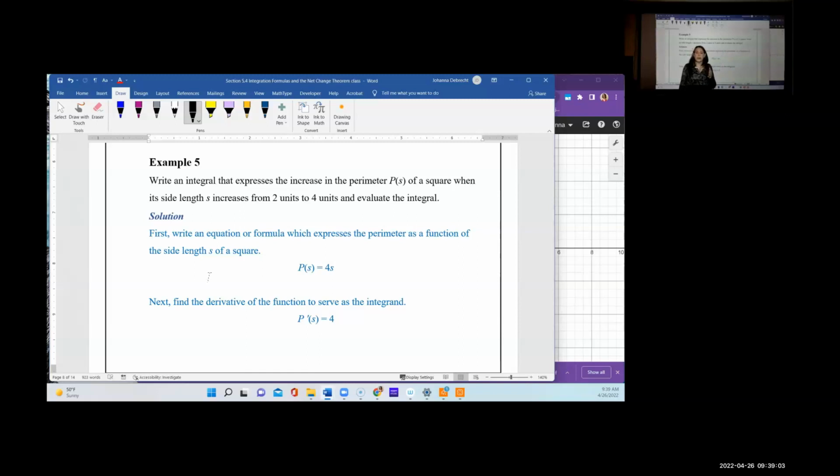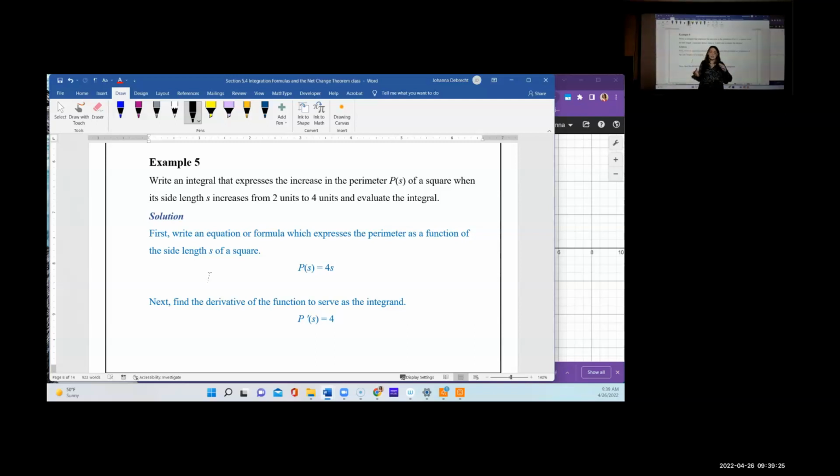So what does it mean by the increase in the perimeter? Well, let's suppose the perimeter was originally 10 and now the perimeter is 22. The increase then would be 12 because it went from 10 meters to 22 meters, which is an increase of 12 meters. So that's what we're looking for.